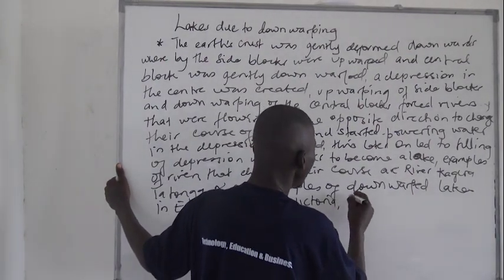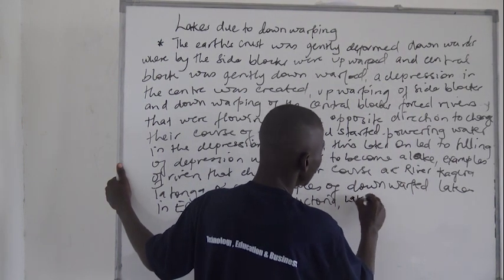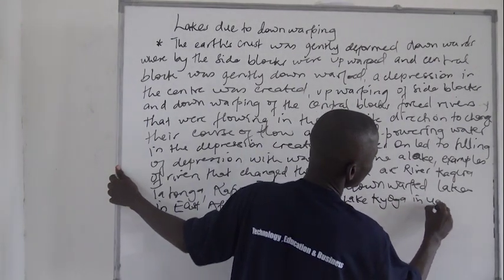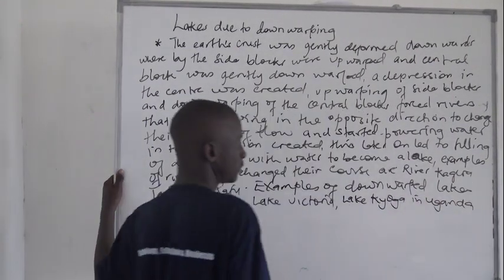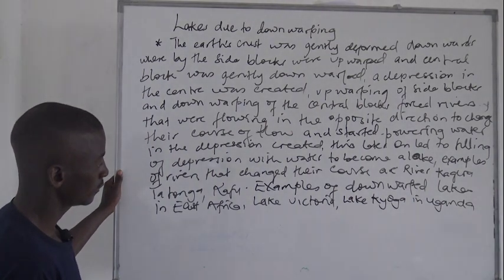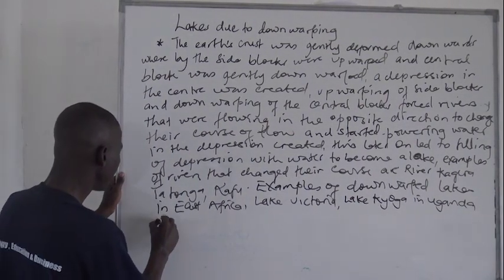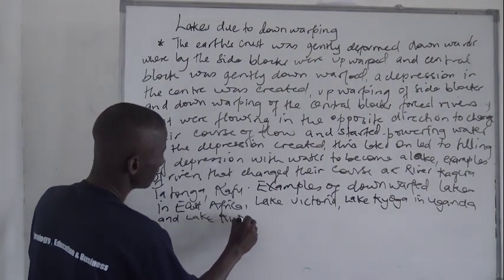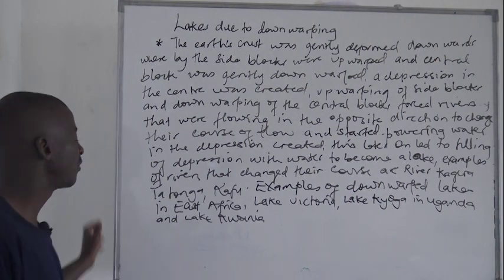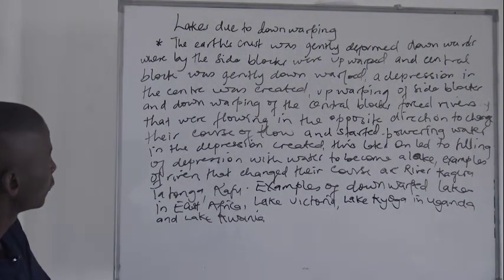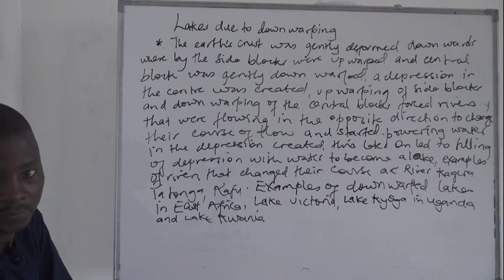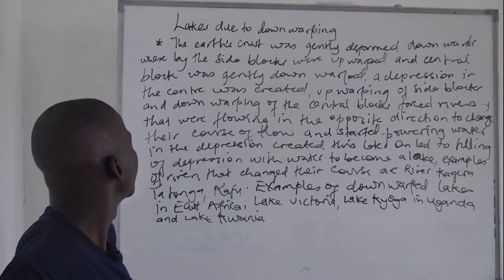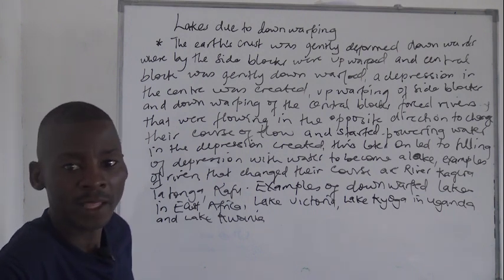We have Lake Kyoga in Uganda, and Lake Kwania. These are some of the examples of downwarp lakes in East Africa. So that's how downwarping leads to the formation of a lake.